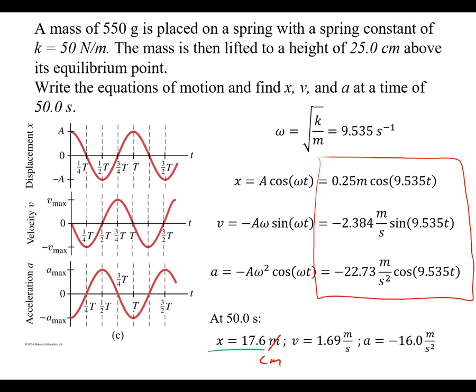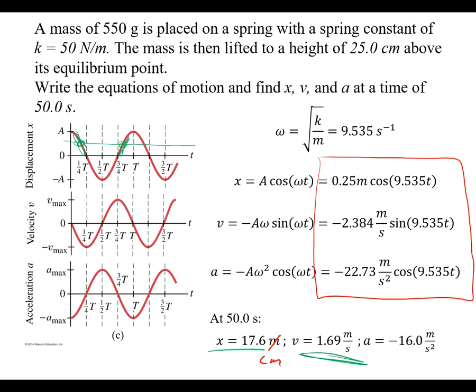So a position of 17.6 centimeters, you have an amplitude of 25 centimeters, so that means it's a little more than halfway, something like this, which means it's going to be either at this point or at this point. Is it at 17.6 centimeters going up, or is it 17.6 centimeters going down? You can see that those are the only two options. You can either have a negative slope, which means a negative velocity, or a positive slope, which means a positive velocity.